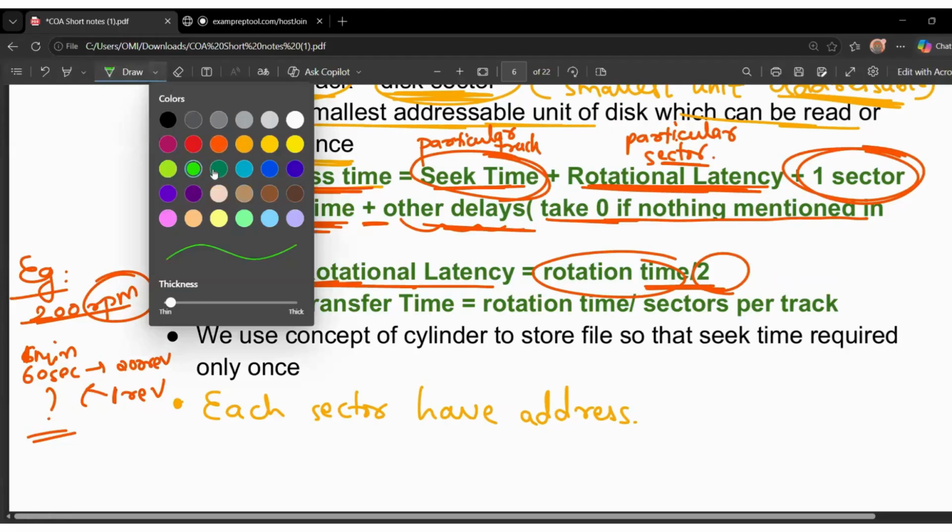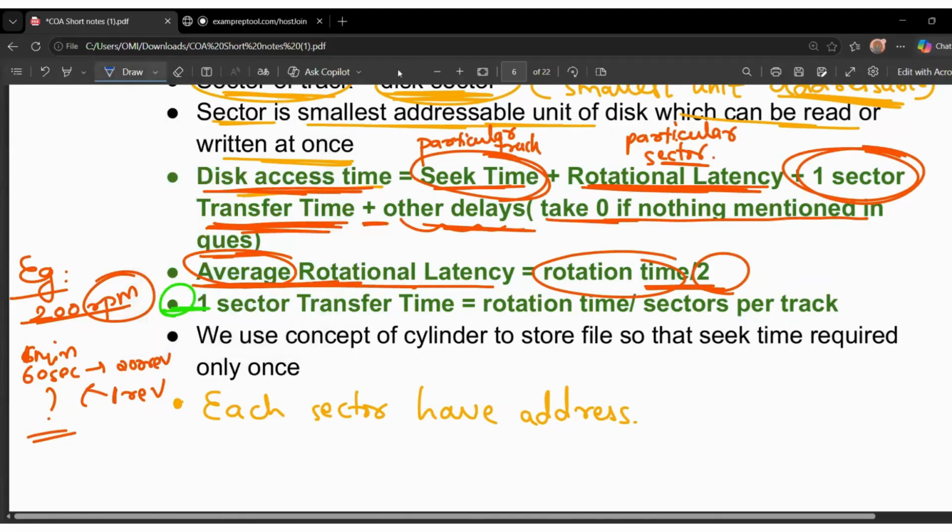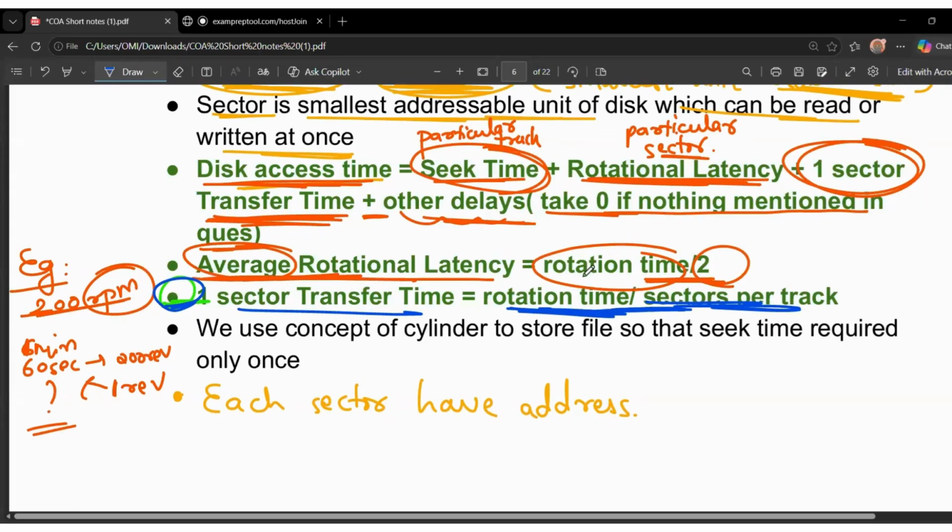Then we have one sector transfer time. One sector transfer time will be rotation time divided by sectors per track, right? Most probably one sector transfer time is given, and if it is not given, you can find it with the help of this formula.